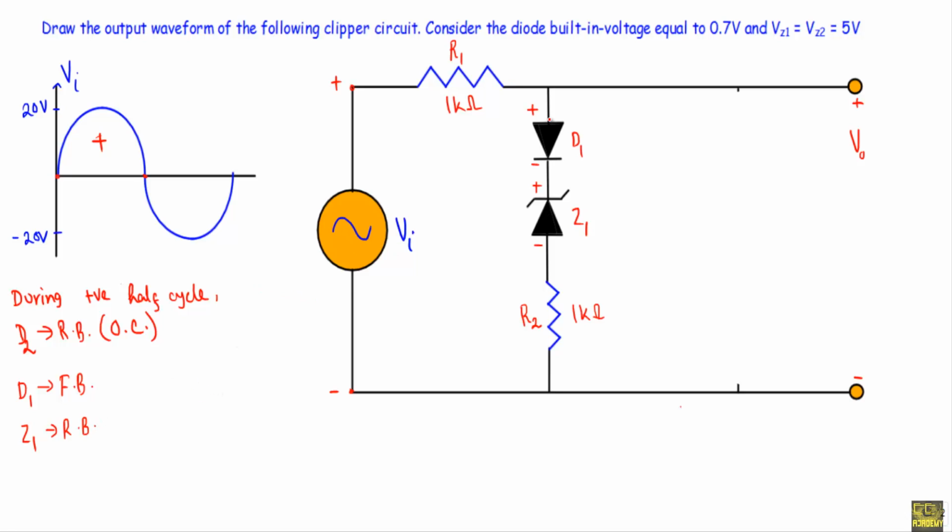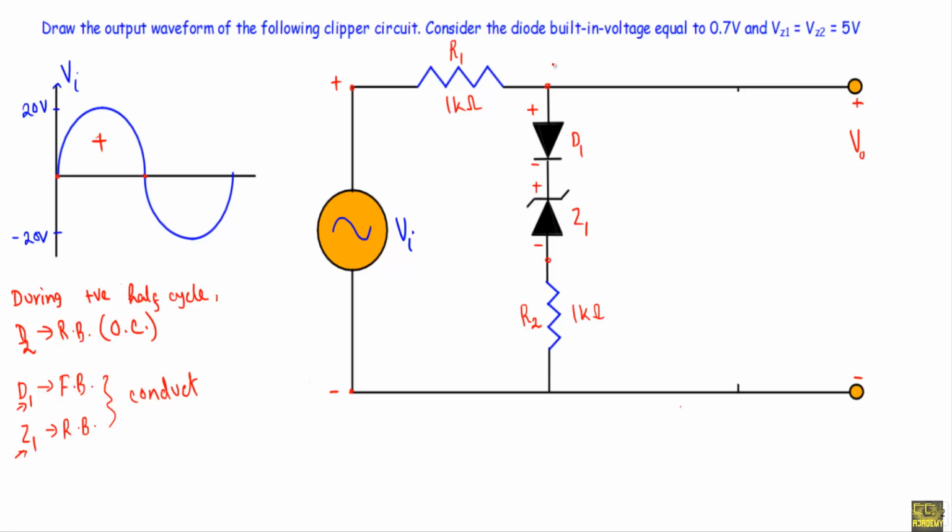Now see, if we want to conduct the current in this direction during positive half cycle, both the diode D1 and Z1 should conduct, and they will conduct only if the diode D1 is in forward bias and the Zener diode Z1 is in Zener breakdown region. Therefore, how much voltage we will need to put the diode D1 in forward bias and Zener diode Z1 in Zener breakdown region?